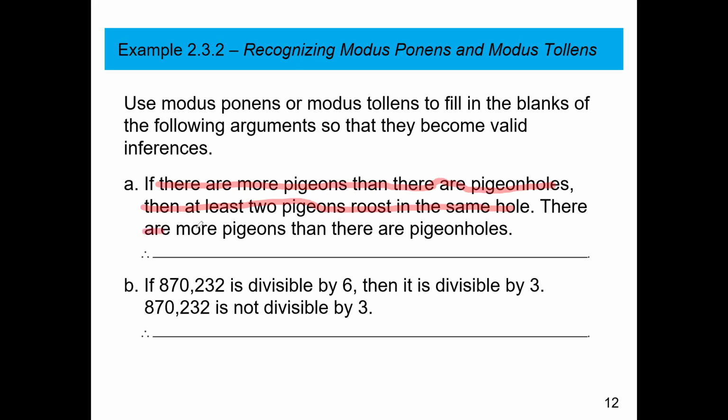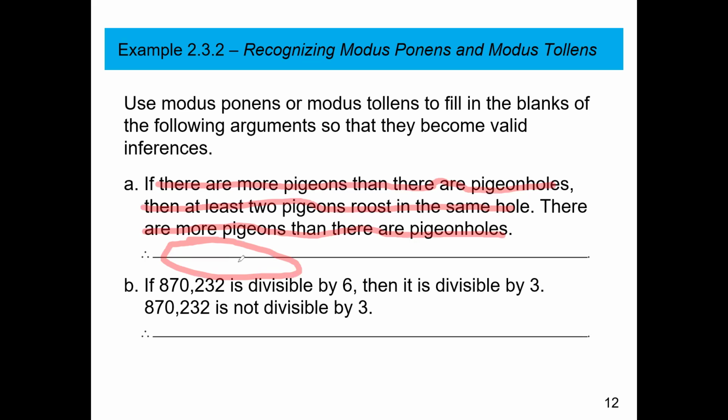And then it says there are more pigeons than pigeonholes. What can we conclude right here? Hopefully you're saying that there are at least 2 pigeons in the same pigeonhole. By the way, this is a classic concept from discrete math called the pigeonhole principle. I'll explain what that means later on when we actually use it, but it's a really great and powerful tool.